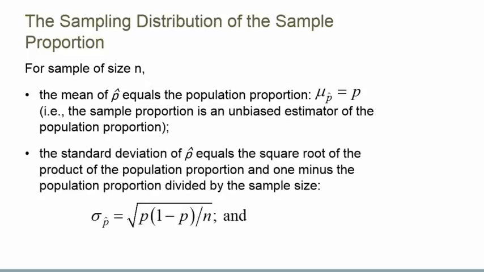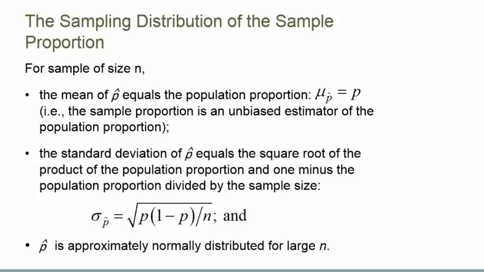The standard deviation of P hat, sigma sub P hat, equals the square root of P times 1 minus P, divided by N, and P hat is approximately normally distributed for large N.